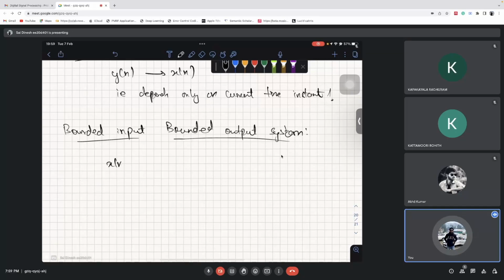So if we give an x of n and produce a y of n, if mod x of n is less than infinity, then mod y of n should also be less than infinity. Then it is a bounded system, right?